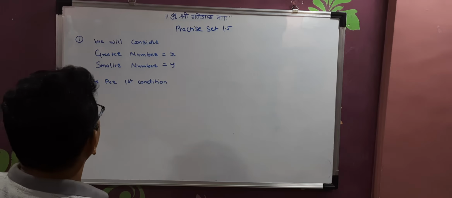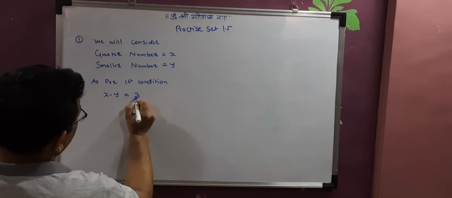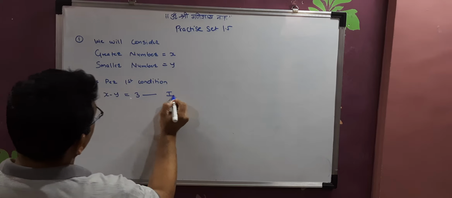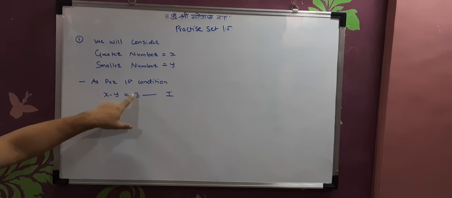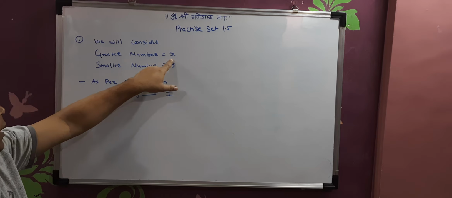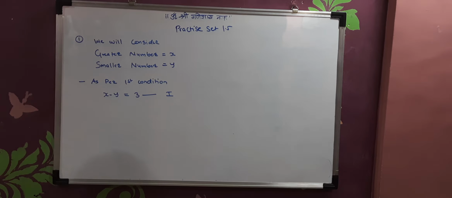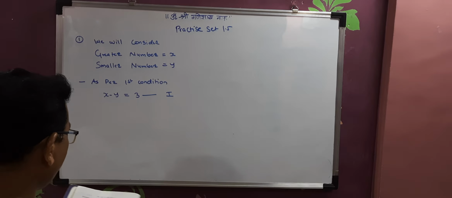It means when you subtract the smaller number from the greater number, the difference is 3. So x minus y is equal to 3. This is equation number 1.